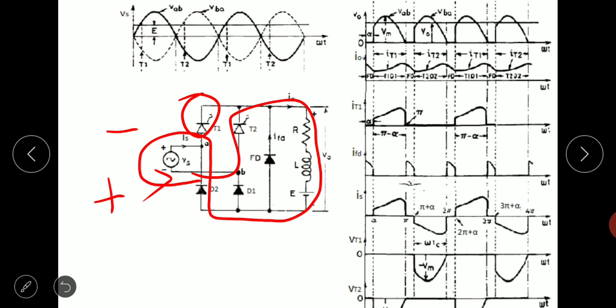So VT1 will be the same as minus Vm sin omega t till the next freewheeling action. In this next freewheeling action, again the thyristor voltage will be 0. Similarly, we can draw the voltage for thyristor T2 also.